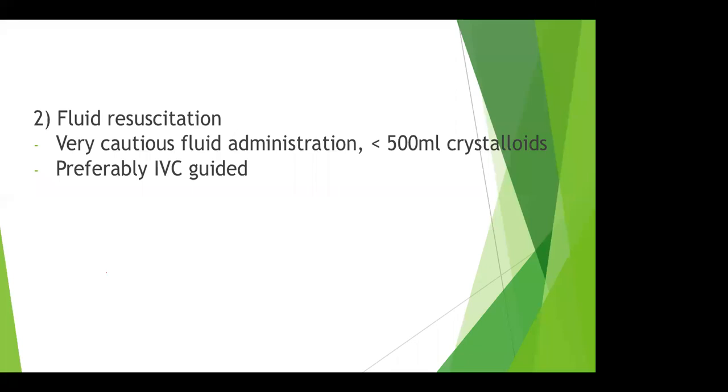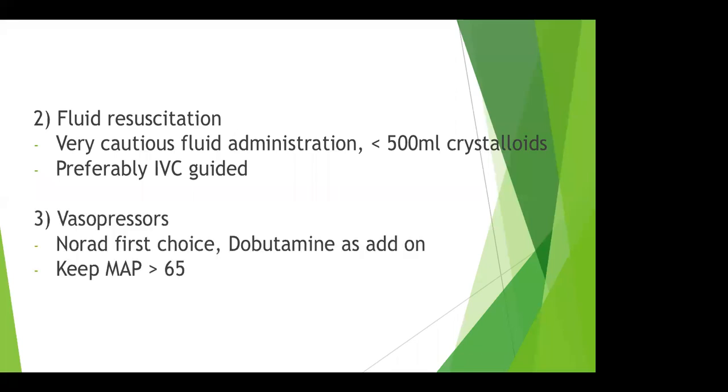But if you do see some variation in your IVC, you can give some judicious fluids, but perhaps they don't really require much. Vasopressors, some patients who are still persistently hypotensive, of course, you're going to start vasopressors. NORAD would be your first choice. If you require a second vasopressor, inotrope, then go for dobutamine. Defend your MAP, keep your MAP more than 65 for perfusion.